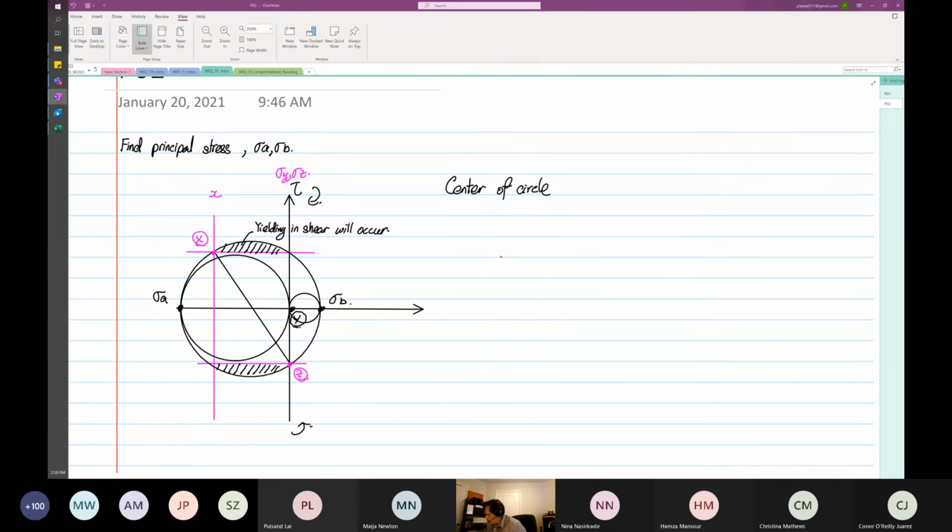Same thing as what I taught you in 3C. No change. This one is in plane. Later on, I'll explain what I mean by in plane. So this is equal to stress X plus stress Y, divided by 2.